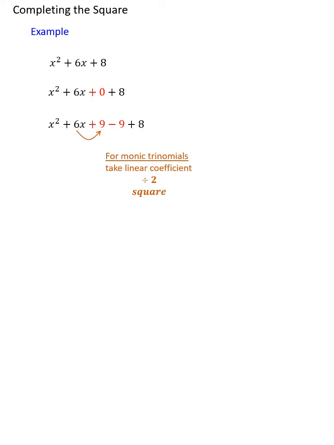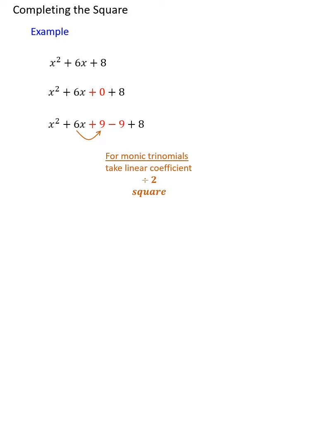Take the linear coefficient, divide by 2, and square that result. In this particular case, 6 divided by 2 is 3. 3 squared is 9. So by letting the linear coefficient determine my replacement for 0, I'm guaranteed to have success in the completing of the square process.